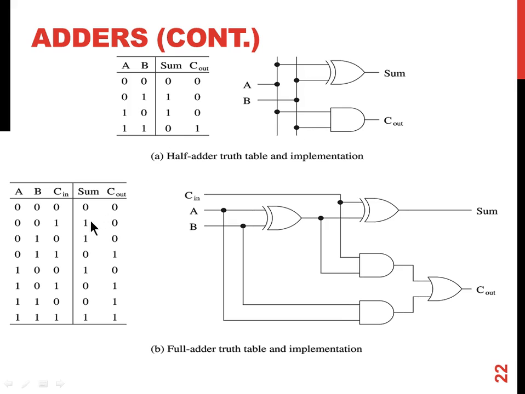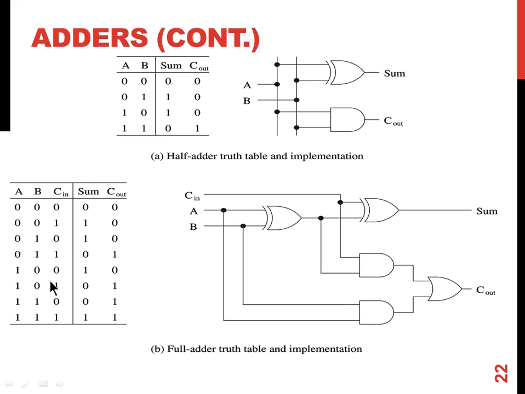Then we have the full adder circuit, where there are three inputs, A, B, and carry in acts as a third input. So when two inputs are high at a time, depending on which two inputs are high, we'll get sum and carry out generated. If only one input is high, sum is 1, carry out is 0.